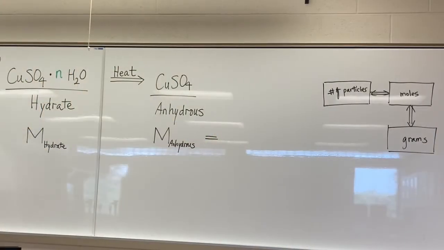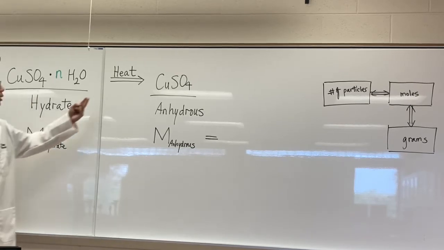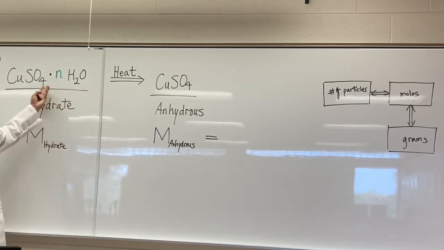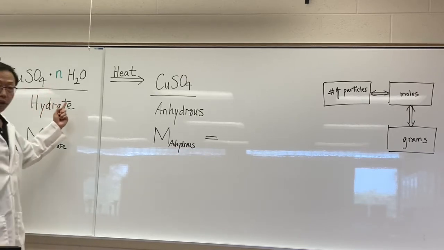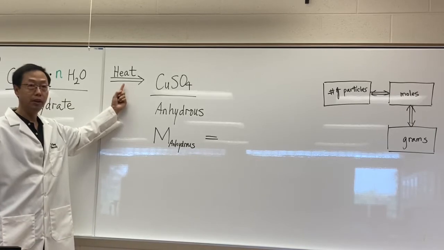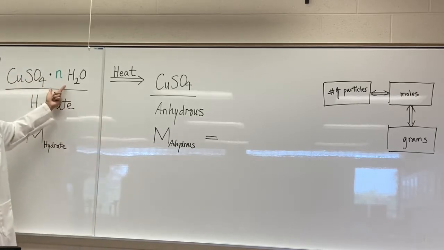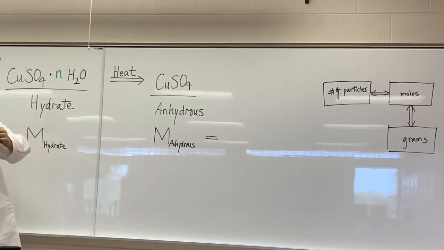So the second part of the experiment talks about determination of the number of water molecules in the hydrate. And this is how we're going to do it. We're going to apply heat. We're going to take some of the sample out, copper 2 sulfate hydrate, and heat it to drive off the water.